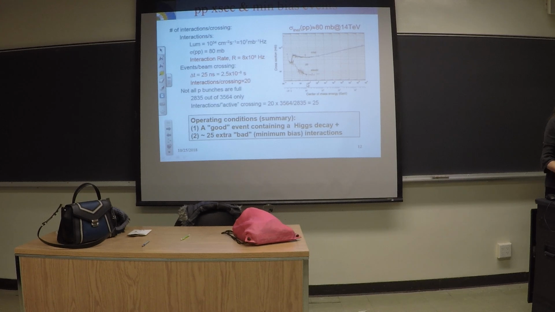So 10 to the 34 inverse centimeter squared inverse second, and the cross-section for PP collision is 80 millibarn. If you multiply the two, the interaction rate is 8 times 10 to the 8, basically 10 to the 9 hertz. So we're talking 10 to the 9 not interesting physics, 0.1 interesting physics.